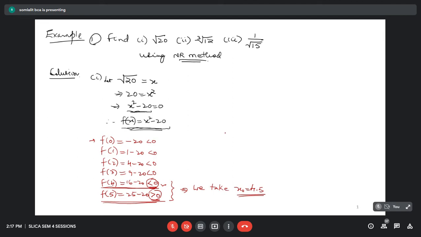Okay. You require here f dash x also, for the Newton's method. So f dash x equals 2x minus 0, which is 2x. You know derivative of x square is 2x, derivative of 20 is 0. So now I'll go to the next slide and we'll just prepare the table.